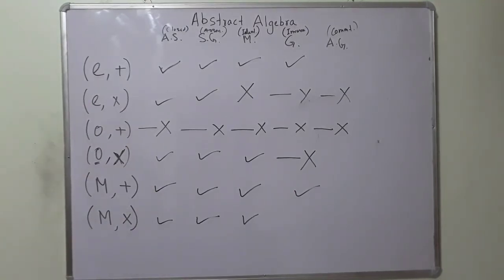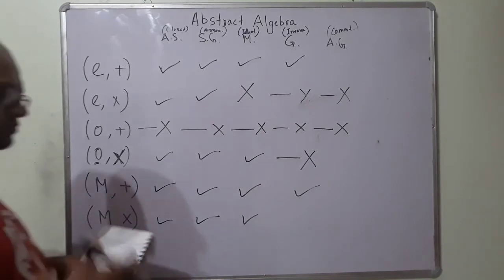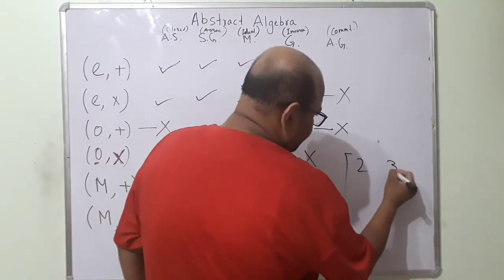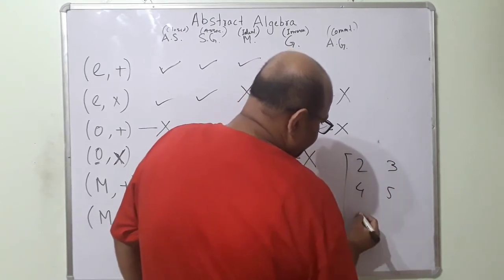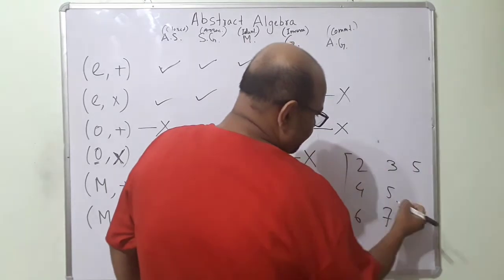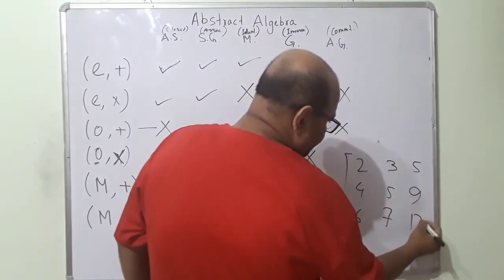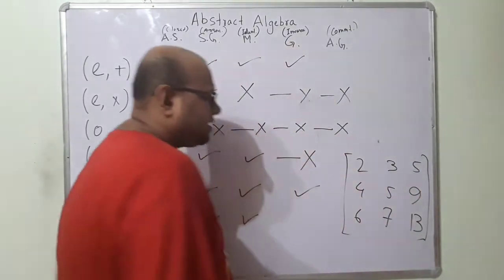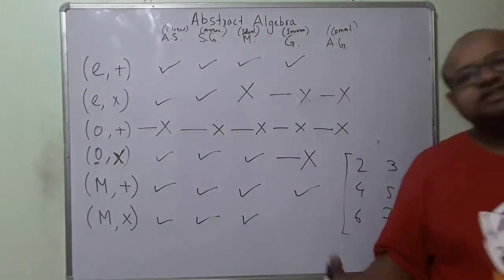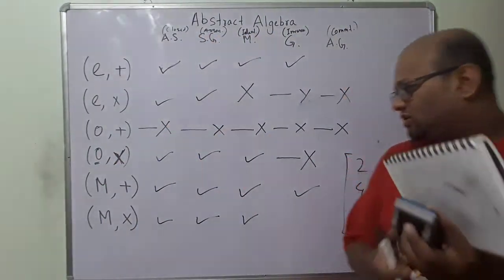Alright. What about multiplication? For every matrix, does the inverse exist?